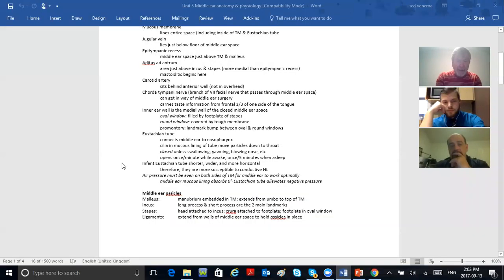So here, when you've got conductive hearing loss, middle ear problems give conductive hearing loss. That's why kids with earaches are more susceptible to conductive hearing loss. I'll give you a little heads up. When you learn your audiometry course next semester, you're going to be putting headphones on the ear, and the headphone is going to deliver sound here, and the guy's going to raise his hand when he hears a tone.